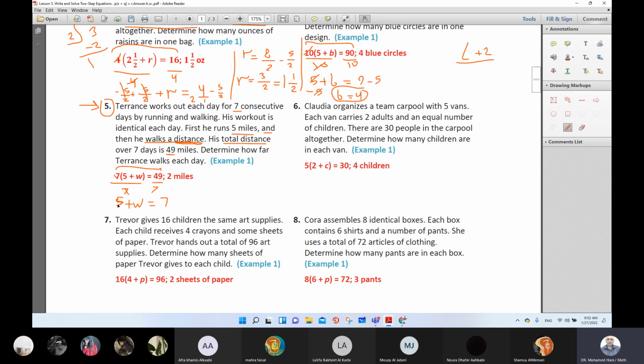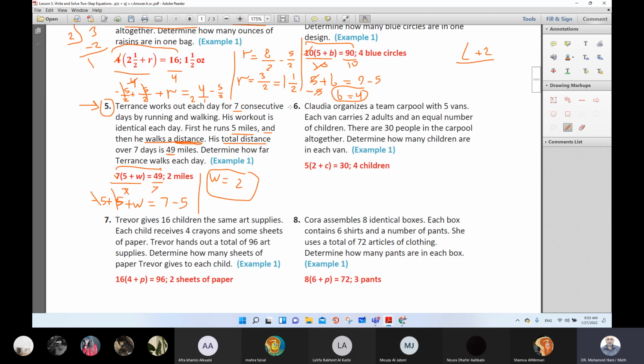Then we want to remove 5 from this side, so you can add the inverse of 5, negative 5, to the two sides. Negative 5 plus 5 will be 0, remains W equal 7 minus 5 will be 2 miles. So the distance will be 2 miles.